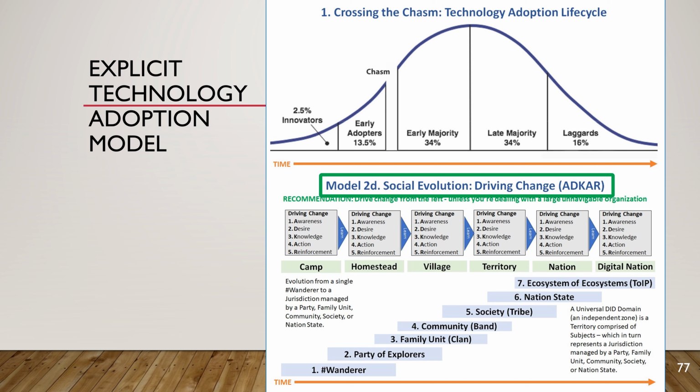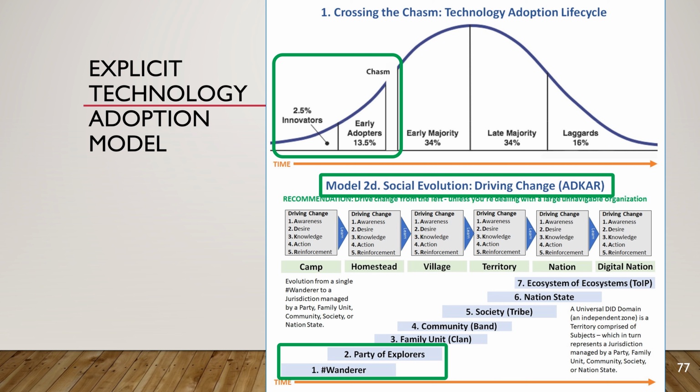In turn, that family unit might become a community or a band, and ultimately multiple communities or bands might become a society or a tribe, and so on. It's the idea that it starts out somewhere, you attract some followers, those followers group themselves into family units, communities, and tribes.